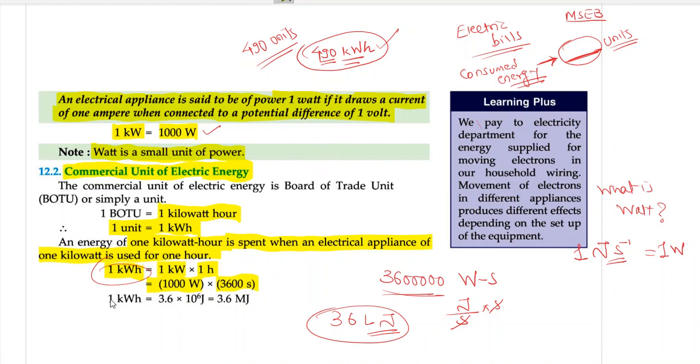If it were in joule, and you multiply 36 lakh with 490, it would look like 343708000 joules.